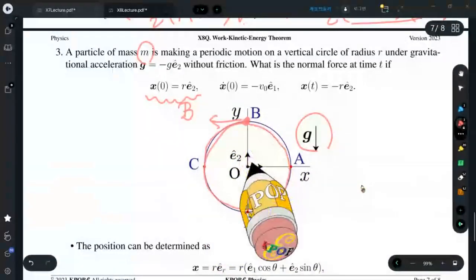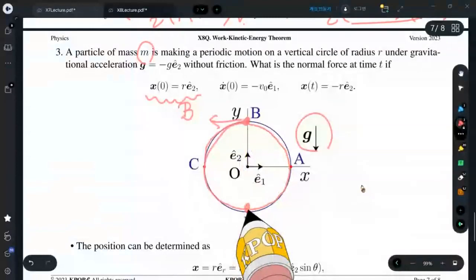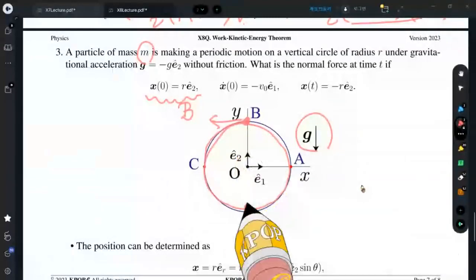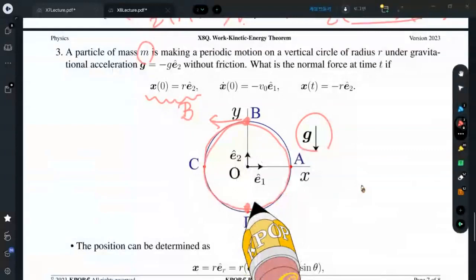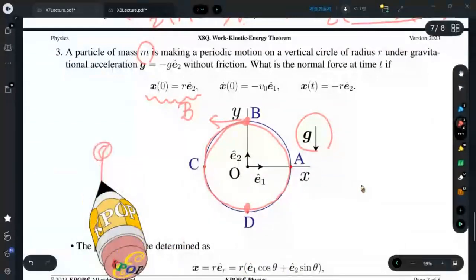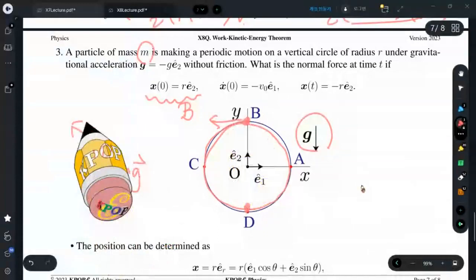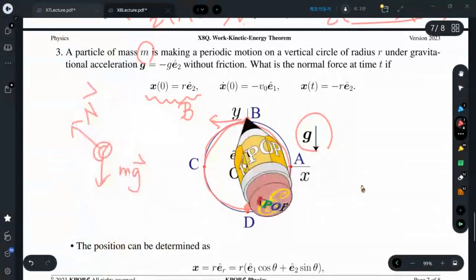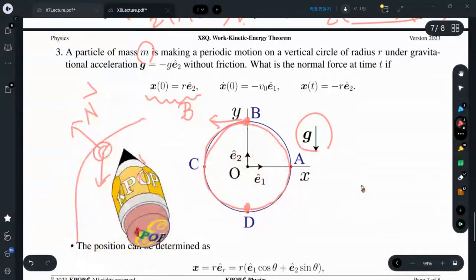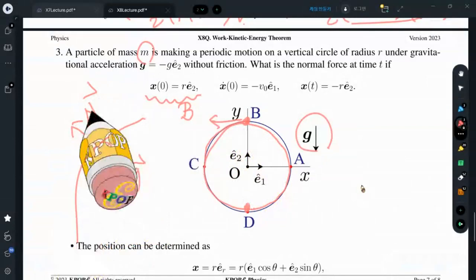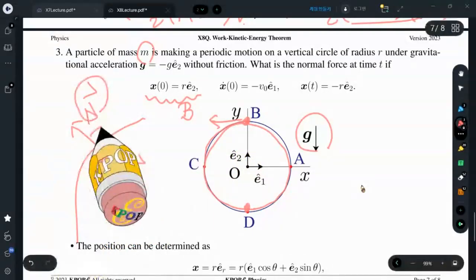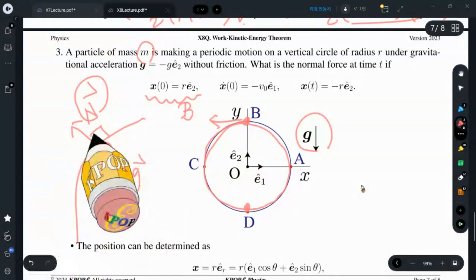Because if you go down, it becomes faster because the gravitational force does work. You know, gravitational force mg and normal force N are applied to this system. And along the circular path, normal force is always perpendicular to the track.